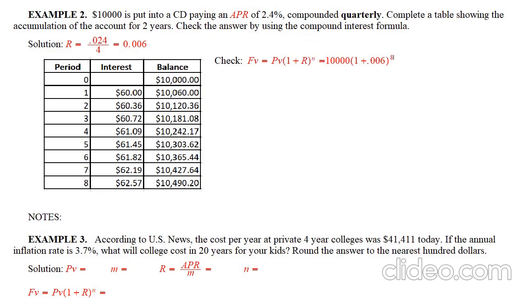So 8th power. And if we compute that, 10,490 and rounded, it'll be 20 cents. So we get that same answer. So you can create your table either by hand, or you can do it in Excel, and you can attach an Excel file for the corresponding homework problem here.